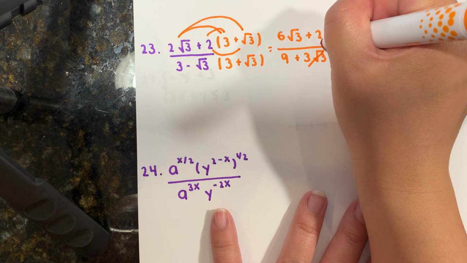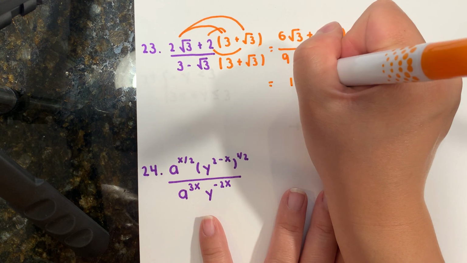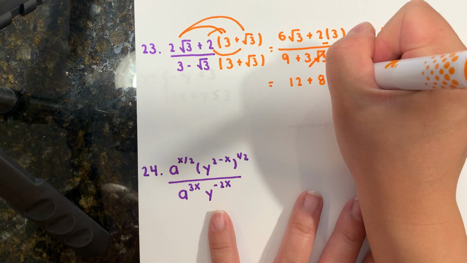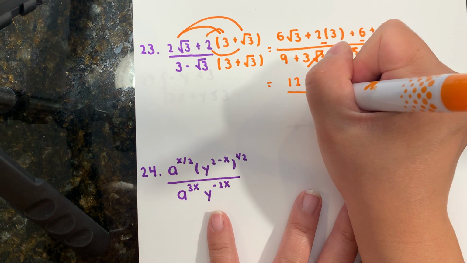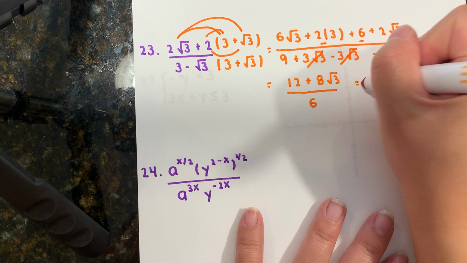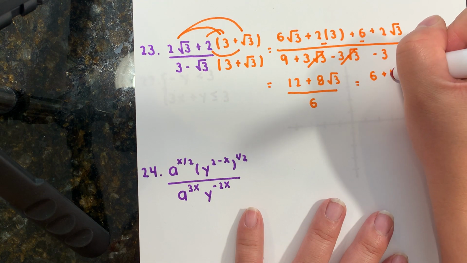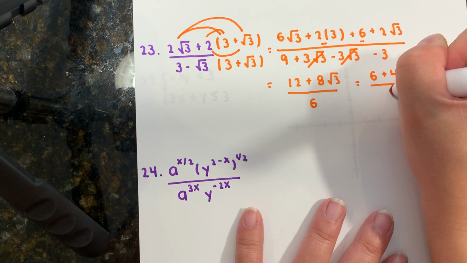And in the numerator, I have 2 times 3, which is 6, plus 6, which is going to give me 12, plus 8 root 3. And that's all going to be over 6. I think in the answer key they don't separate it, but you're going to divide everything by 2. So that would be 6 plus 4 root 3 all over 3.